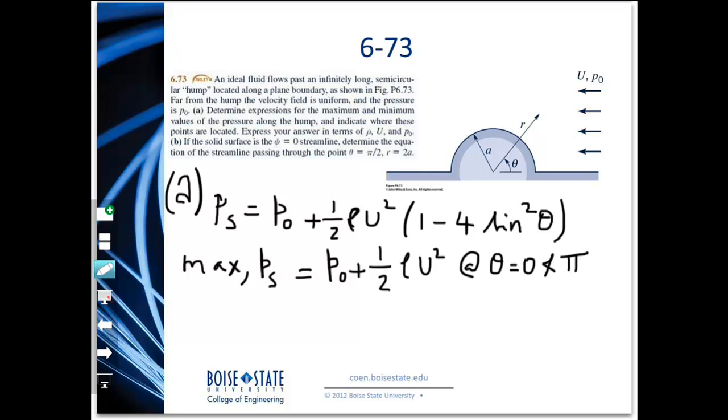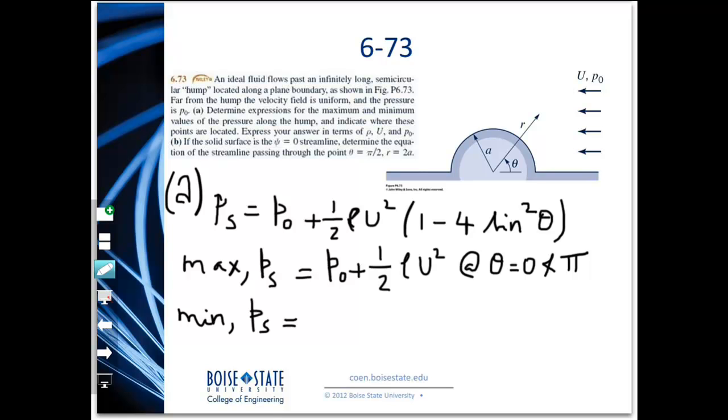And similarly, the minimum pressure will be when sine theta is 1 or theta equals 90 on the top here, on the top of the hump, right?